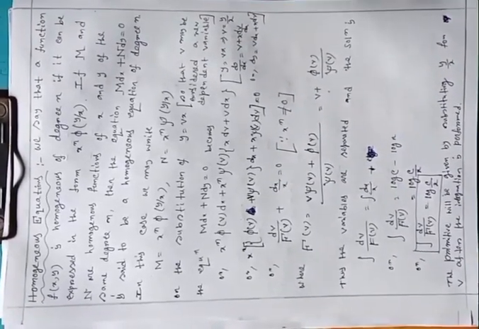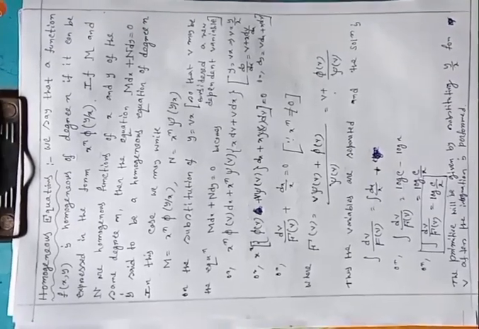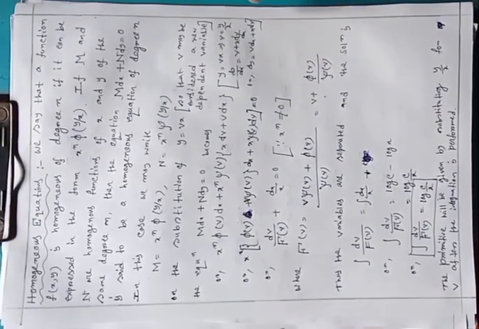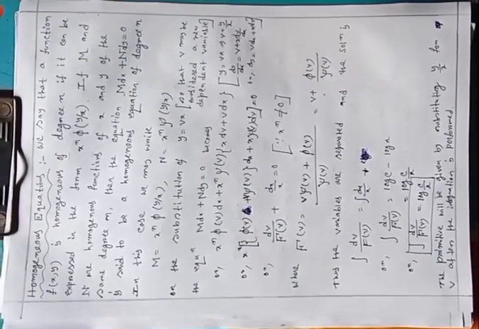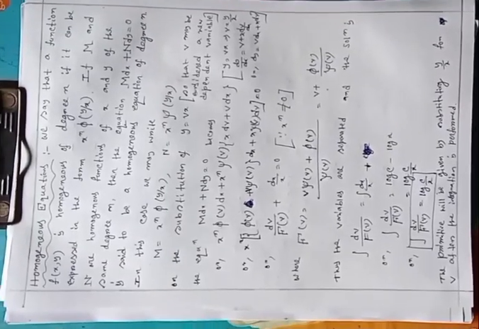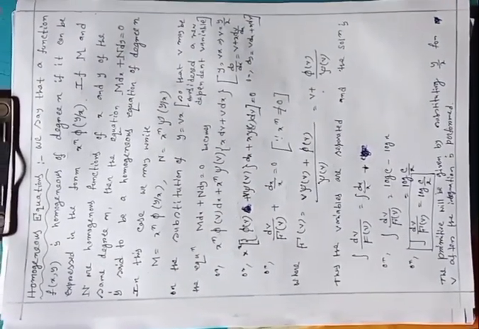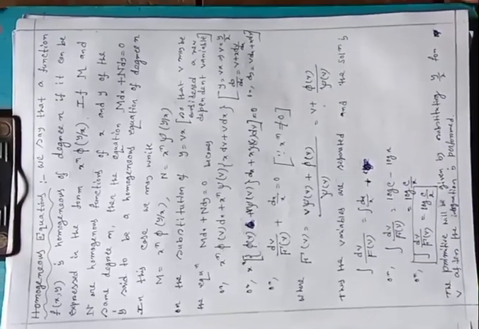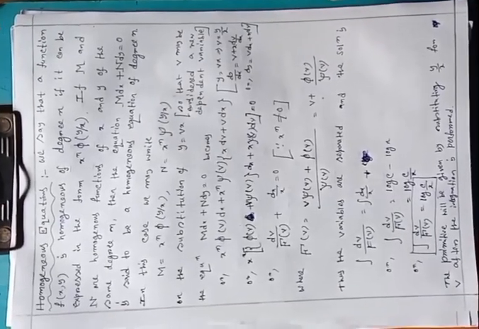So let's see the procedure for how to solve homogeneous equations. Here in this case, instead of M and N, we may write M is equal to x to the power n phi of y by x and N is equal to x to the power n psi of y by x. And we will substitute y is equal to vx so that v may be considered a new dependent variable.